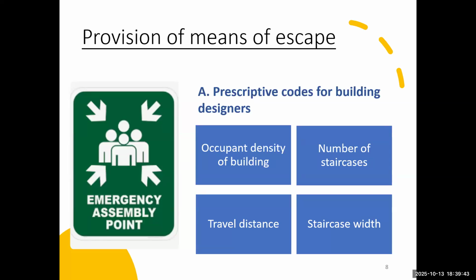For means of escape, they provide fixed figures for designers, such as the occupant densities based on the building type, the number of staircases required, the discharge rate, the maximum travelling distance, or the minimum staircase width. These are based on historical data and conservative assumptions.